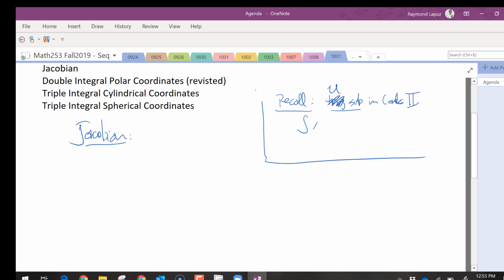So when we're integrating x e to the minus x squared dx, for example, from 0 to 1, we're going to say let u equal minus x squared, and then du is equal to minus 2x dx. And so we do the substitution, we come up with a differential.